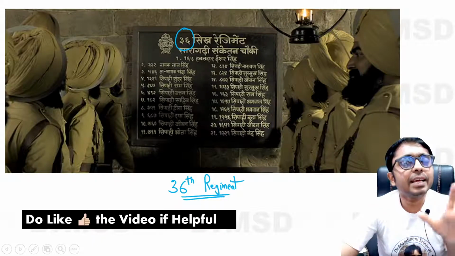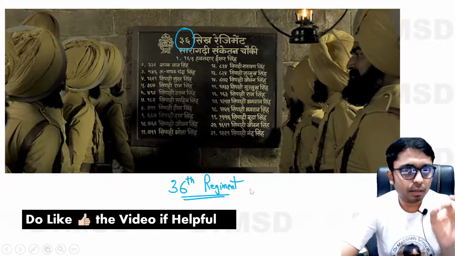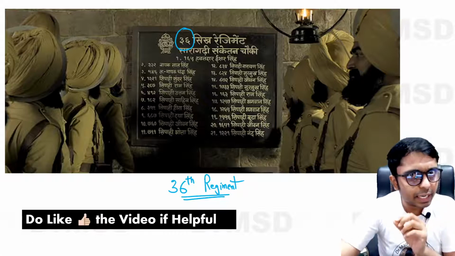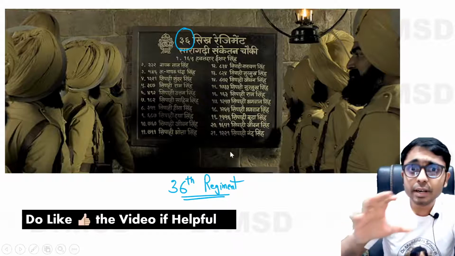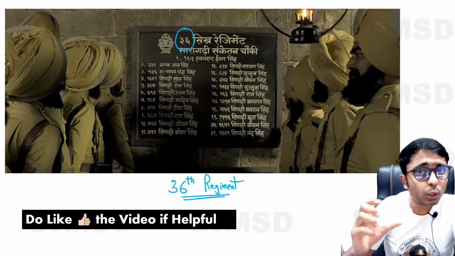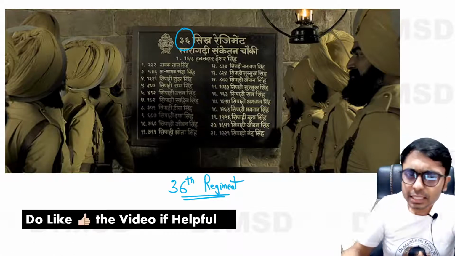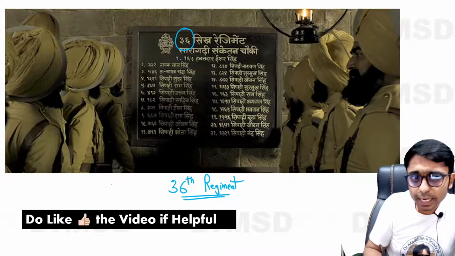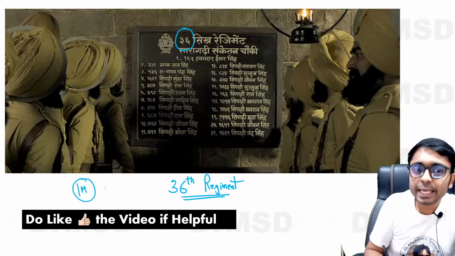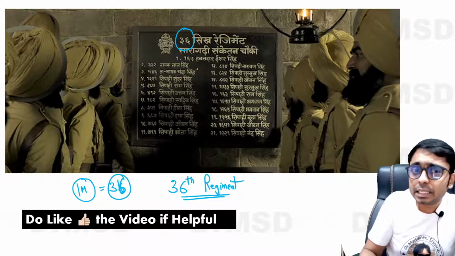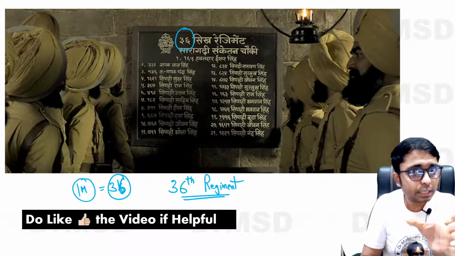Just like these warriors who are actually 21 in number, 21 soldiers, belonging to the 36th Regiment, they took care of and protected the rest of British India. So like this you can remember that one melanocyte is going to take care of 36 keratinocytes, with the help of remembering this particular board scene in the movie.